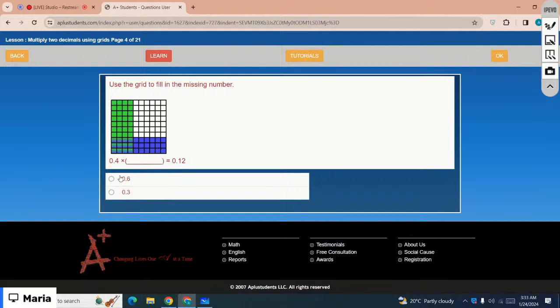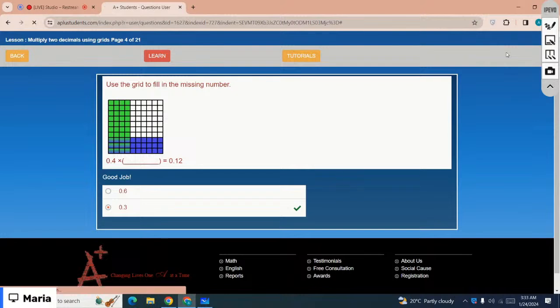Blue lines are 3 that represents 0.3. Green lines are 1, 2, 3, 4. Yes, the missing number is 0.3. Option number 2 is the correct option.